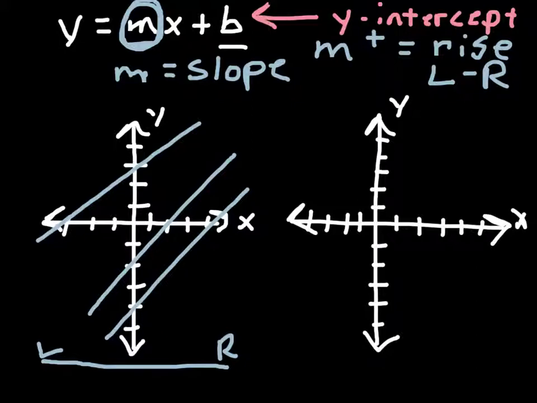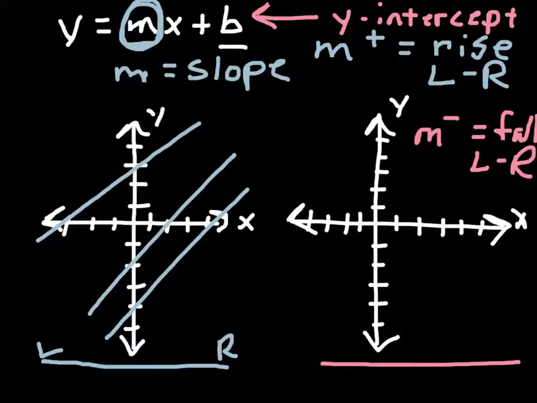Now, what do you think happens if the slope is negative? Well, the line's going to fall or decline as you move left to right. So some examples of lines that would fall as you move left to right would be something like this. So this line falls as I move from left to right.